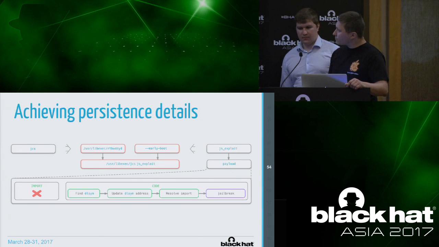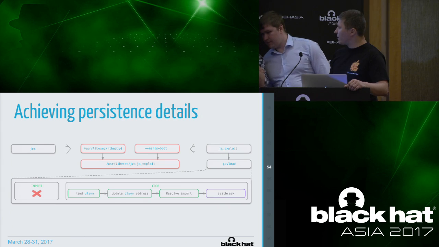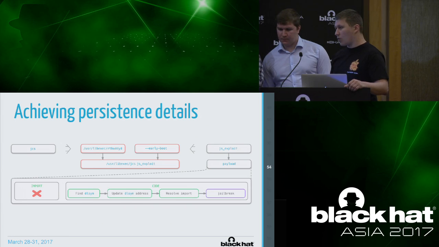So our payload doesn't actually have imports. We need to find dlsym in the memory, then we need to update the address, then we need to resolve all the imports, and then finally, using some code sign bypass trick, we need to run our jailbreak binary to restore all the patches in the kernel.